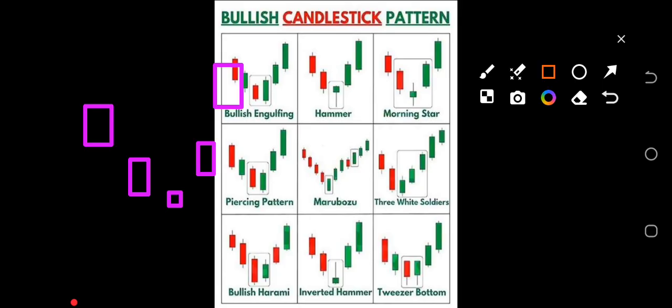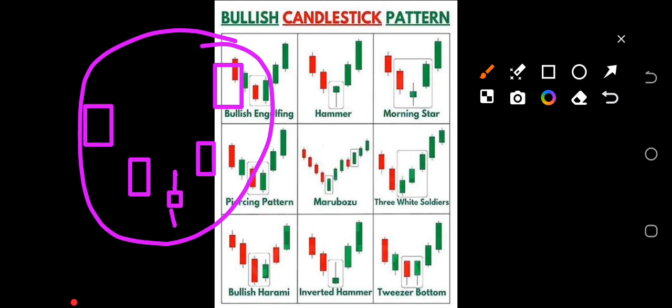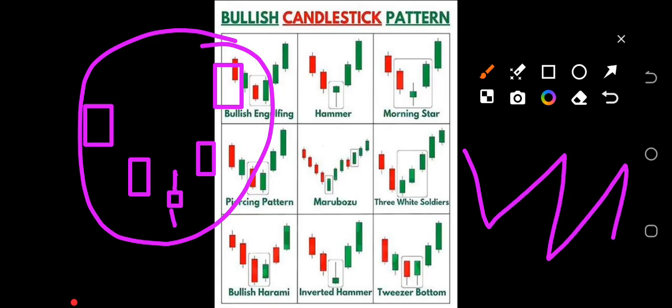This is a morning star candle. It has some tiny wick above, like a spinning top appearing in between. So this pattern is known as the morning star. It's always on a downtrend, at the end of the trend, like this.